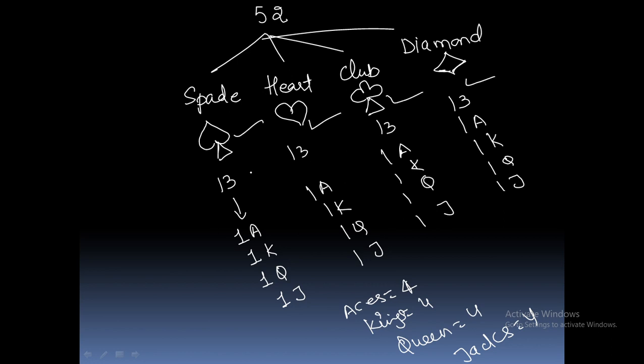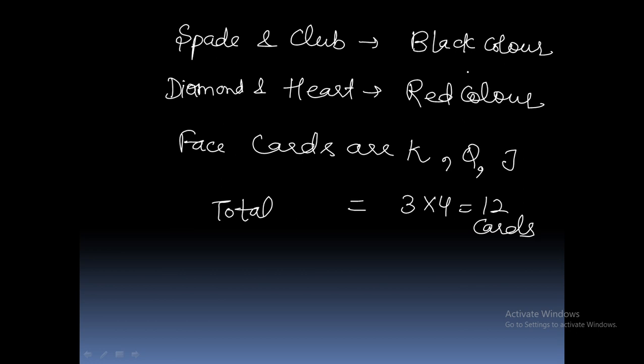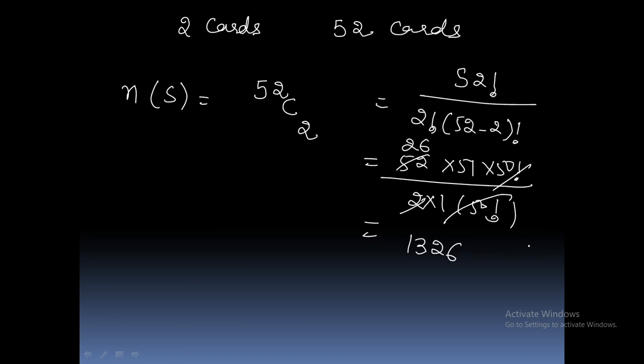Each suit has 13 cards, and 1 ace, 1 king, 1 queen, 1 jack, which means total aces 4, total kings 4, total queens 4, total jacks 4. Spade and club are black in color, diamond and heart are red. Face cards are king, queen, and jack. So 3 multiplied by 4, 12 cards are face cards.